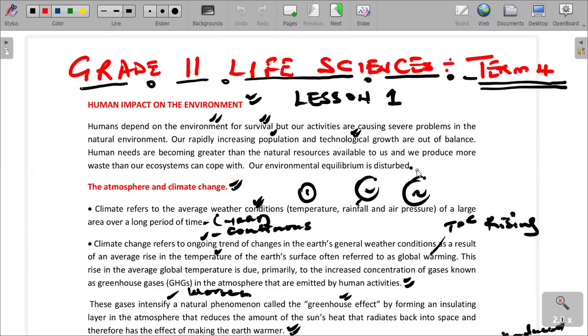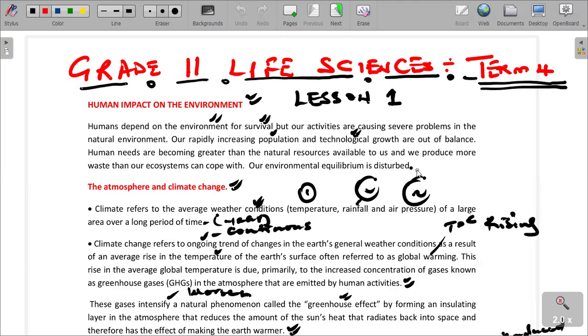The natural environment means the ecosystem in its undisturbed nature. If the natural environment had not been infiltrated by mankind, it might not have been the same as it is right now.